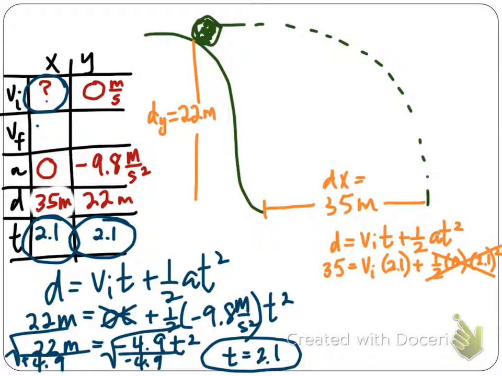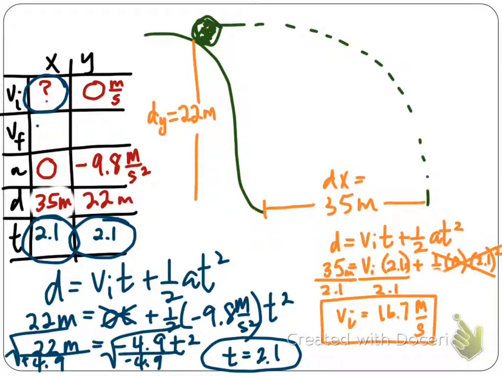And now I have 35 meters equals v times 2.1 seconds. So I divide both sides by 2.1, and I get an initial velocity of 16.7 meters per second.